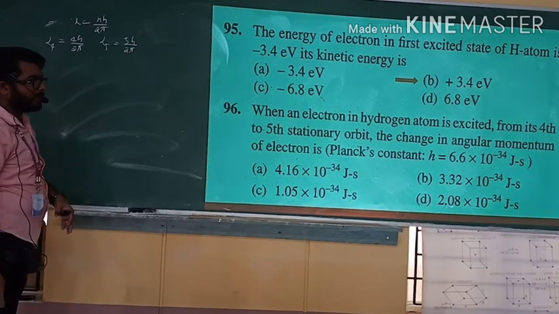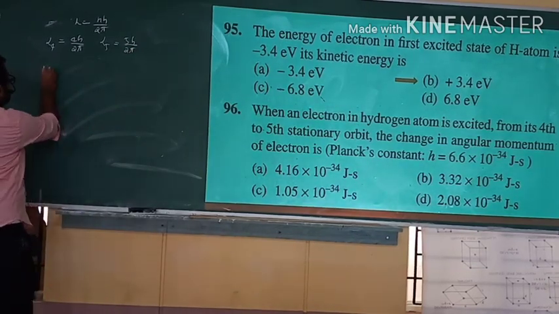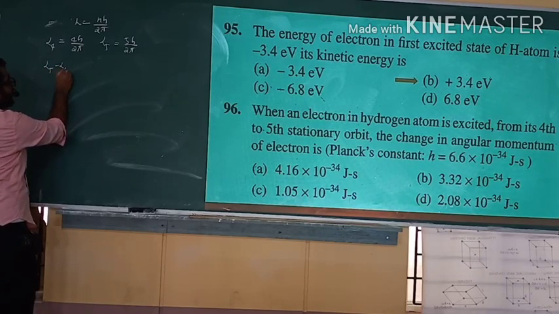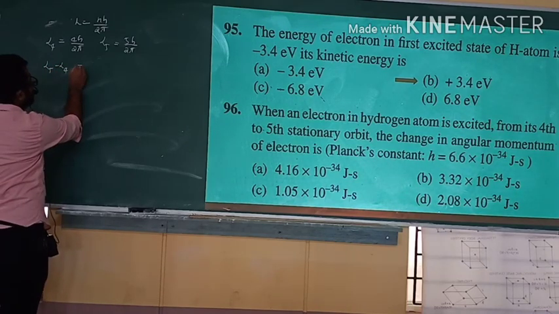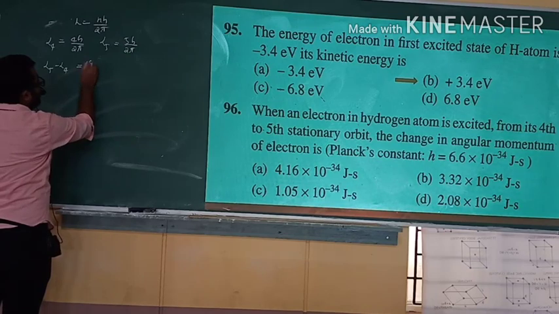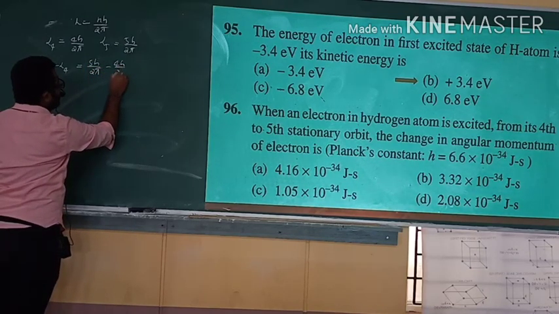So the change in angular momentum is L5 minus L4. It will be 5h divided by 2 pi minus 4h divided by 2 pi.